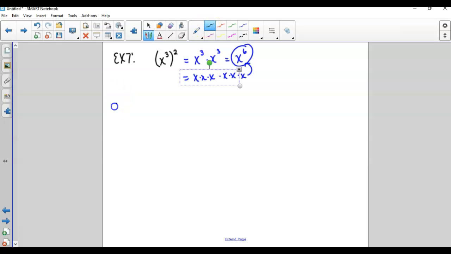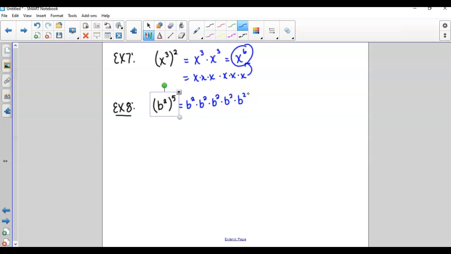Let's try another one. We've got example 8. For this one, let's have b to the 2nd power raised to the 5th power. Okay, so when we see this, again, thinking the long way, that means b squared times b squared times b squared times b squared times b squared. And if you really want to write this the long way, each one of those b squareds, that's b times b.